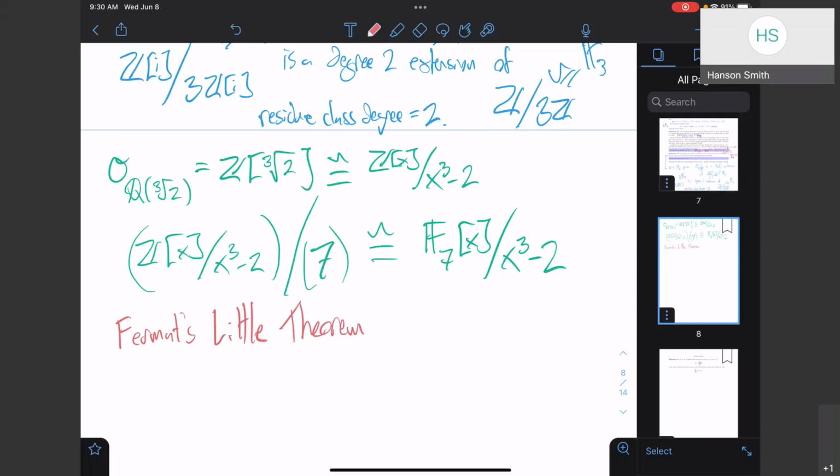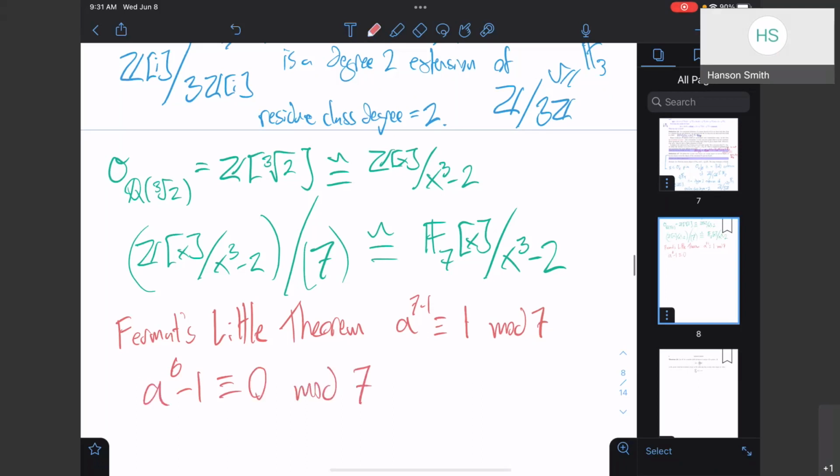It says that if I have A to the 7 minus 1 is congruent to 1 mod 7, which says that for any A in Z mod 7Z, A to the 6 minus 1 is congruent to 0 mod 7.